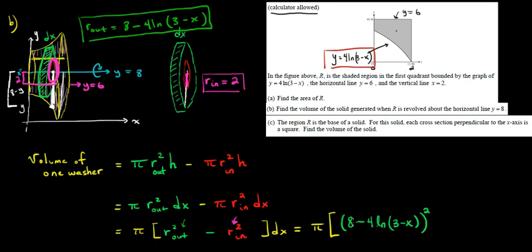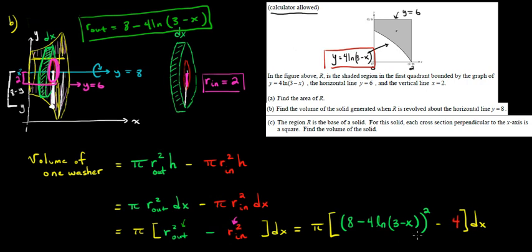So that's the outer radius squared, minus the inner radius squared. The inner radius was 2, so 2 squared gives us a 4. And now I'm just going to close off my bracket here, and we have our delta x, our change in x there.